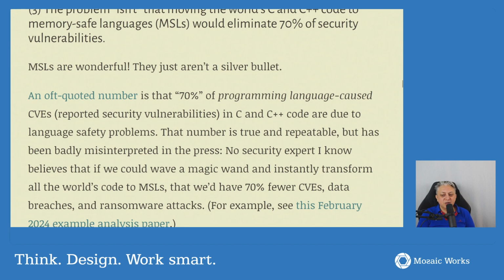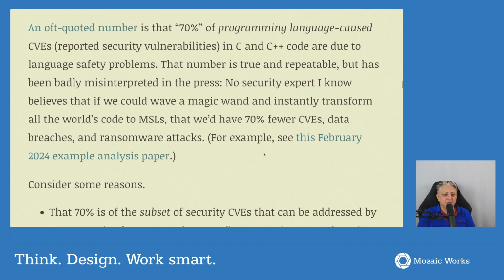The number is true and repeatable, but has been badly misinterpreted in the press. No security expert I know believes that if we could have a magic wand and instantly transform all the world's code to MSLs, memory safe languages, that would have 70% fewer CVEs, data breaches, and ransomware attacks.